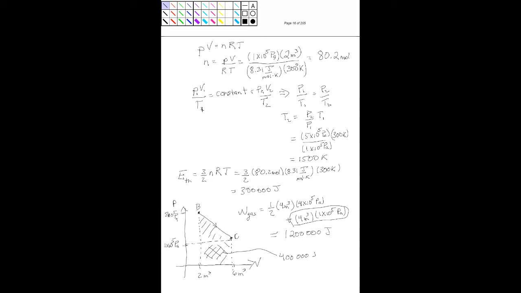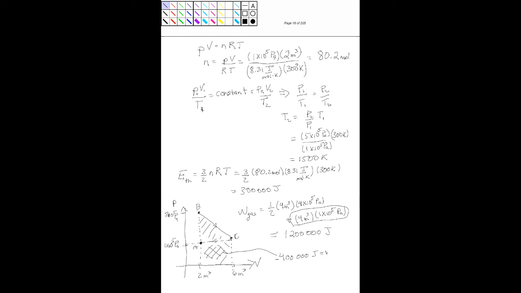But the work done by the gas is going to be negative because we're actually losing volume. As we go from C to state A here, we actually lose volume, so that's going to be negative work.